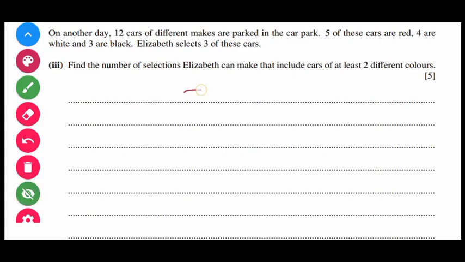So here Elizabeth wants to select 3 cars. When she selects 3 cars, it should be in such a way that she has at least 2 different colors, not 3, at least 2 different colors.